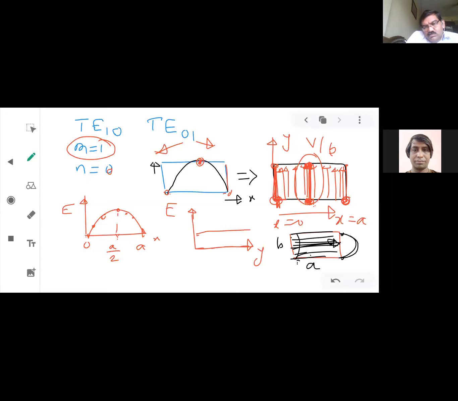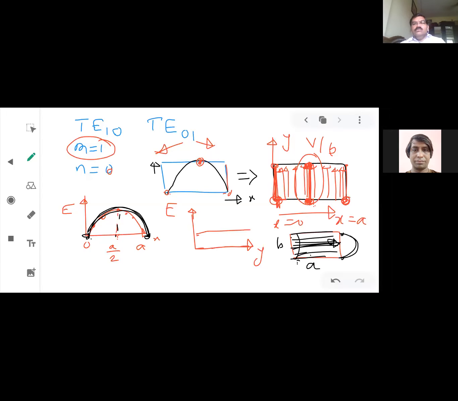So now, as I said, consider the largest wavelength at which your waveguide can be operated, for which there is possibility of propagation of power from source to generator. In that case, the variation of this field is like this, equal to 1/2 cycle.